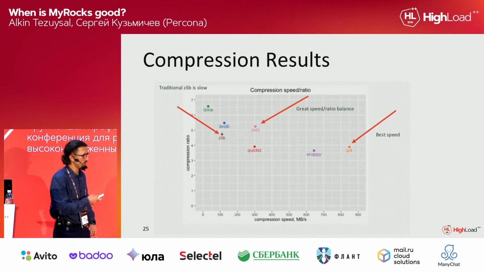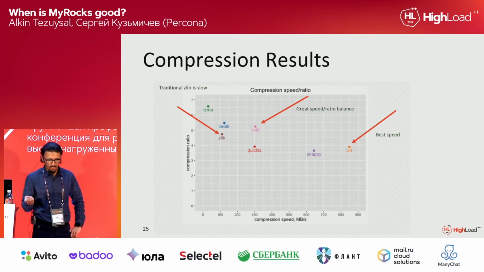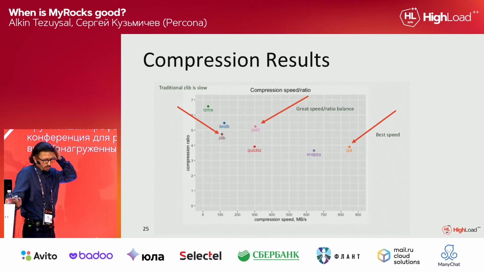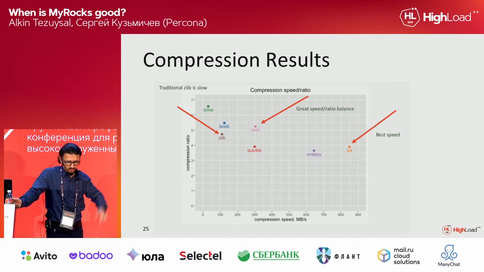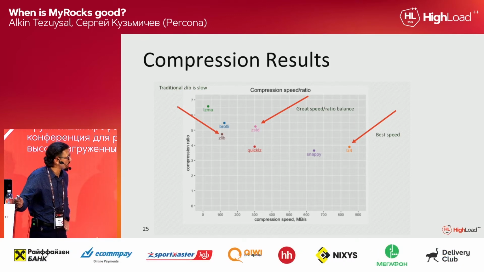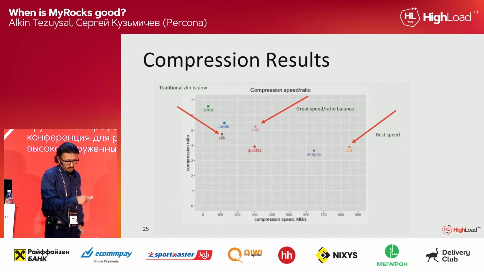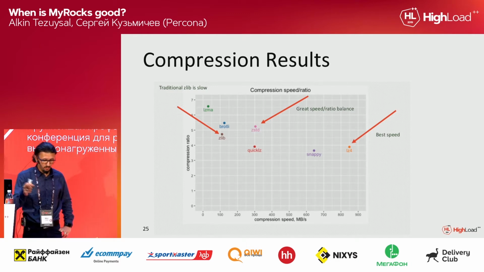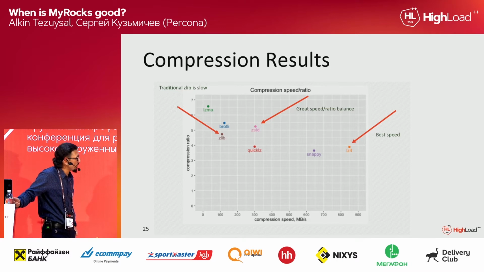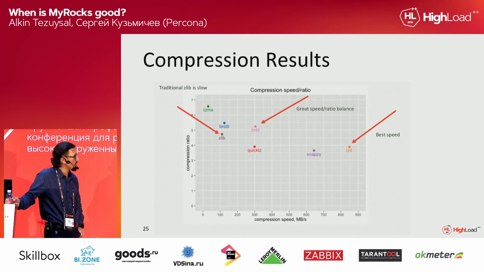There are other libraries available. You don't have to use LZ4, but from the tests that he came up with, the traditional zlib was pretty slow, and it did compress slightly better than LZ4, but overall, balance-wise, LZ4 was chosen for the best speed and ratio.